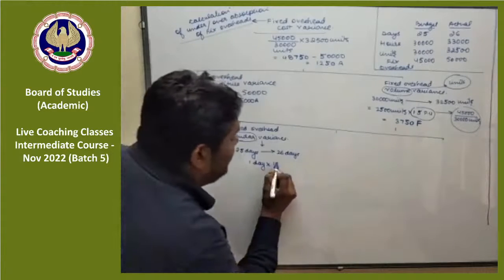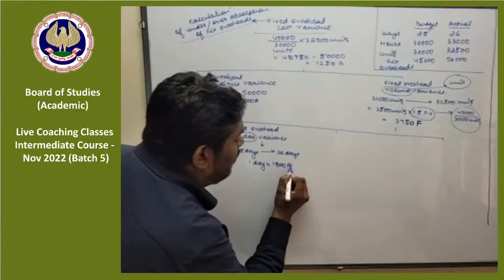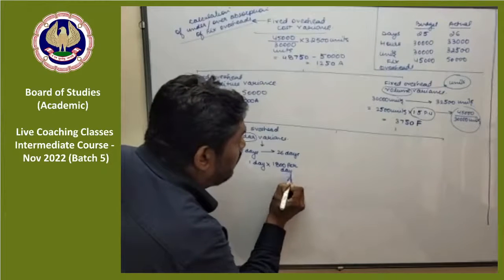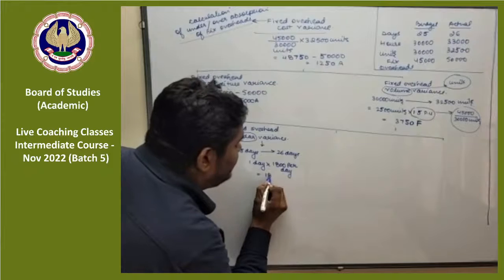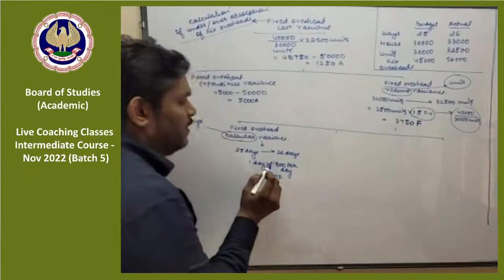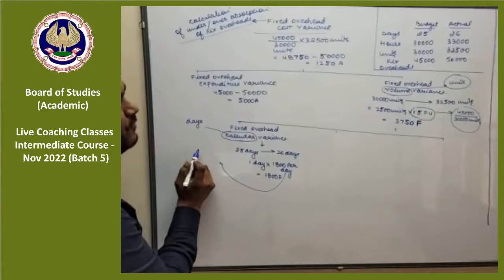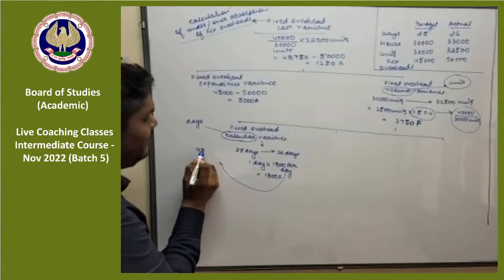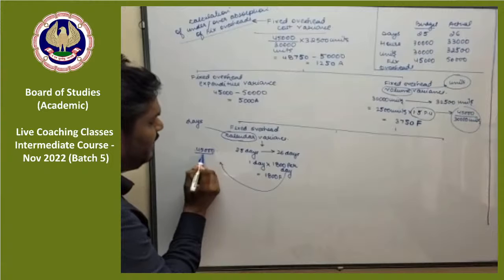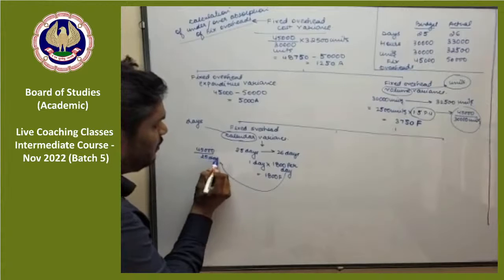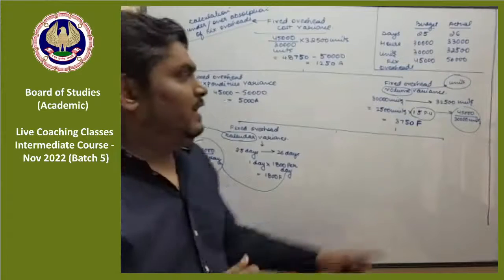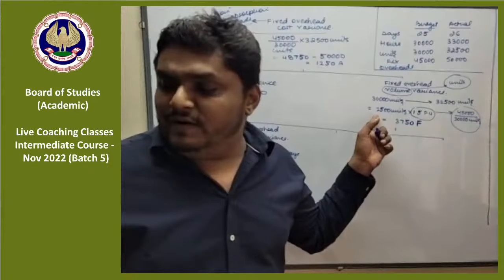This is rupees 1,800 per day. So this will be 1,800 favorable. How come 1,800 per day? Writing it for your better understanding: 45,000 divided by 25 days. Here there were 2,500.